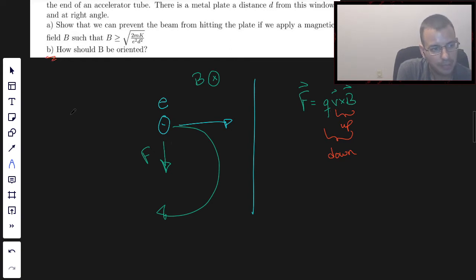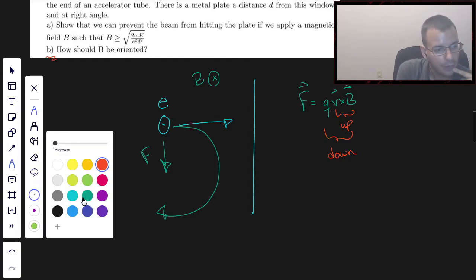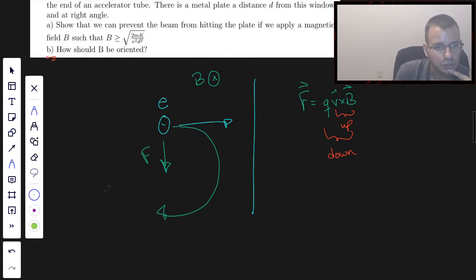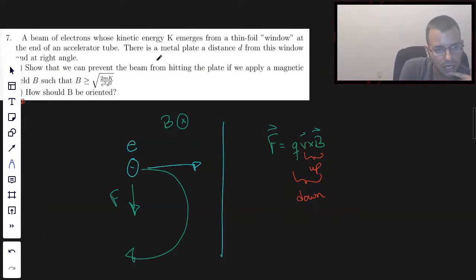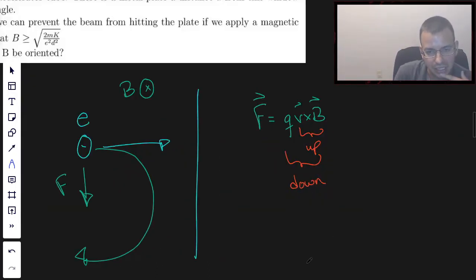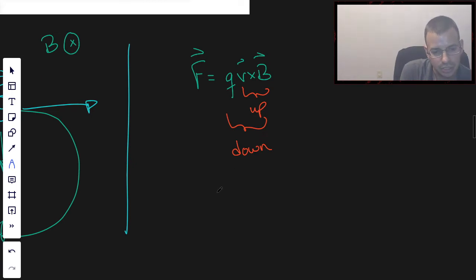So that actually answers part B first. Now we want to find out how strong this has to be, but we want to do it in terms of K. So we're going to say that force equals QVB. V and B are perpendicular, so I'm going to drop the cross product. QVB equals mass times centripetal acceleration, mv squared over r.